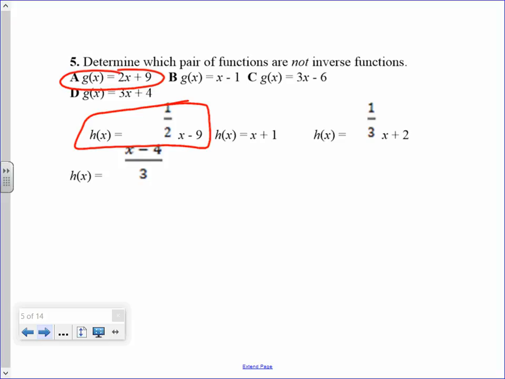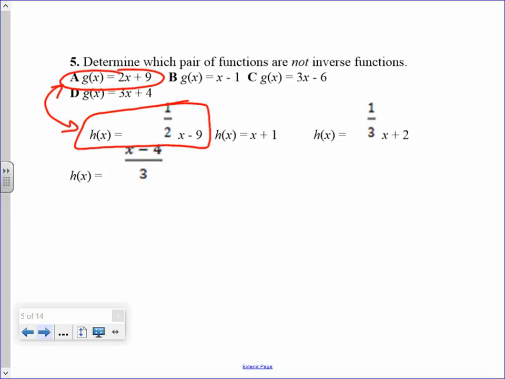Look at D, it says g of x equals 3x plus 4, and then it says h of x equals. That h of x was supposed to have an inner sign before I got to the h of x. It was supposed to be h of x down below the g of x. So rewrite it, fix it, whatever. These two go together for A. Those are A's.